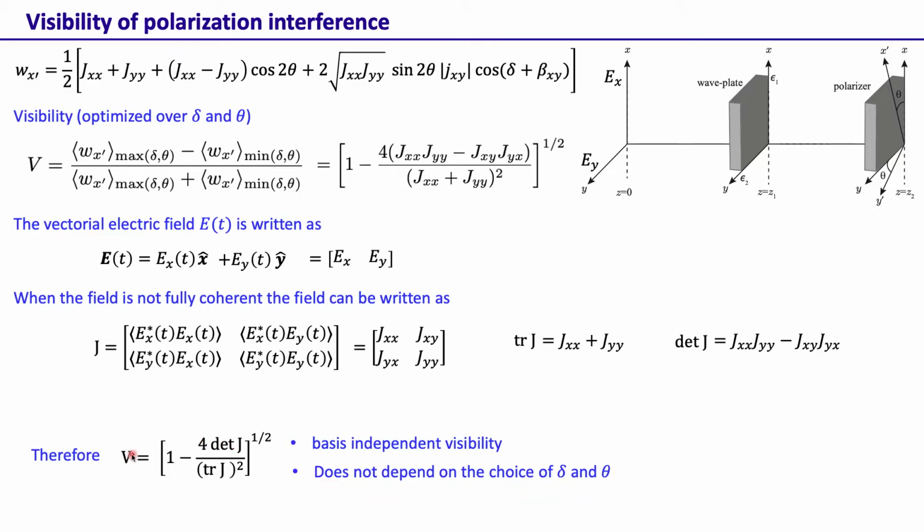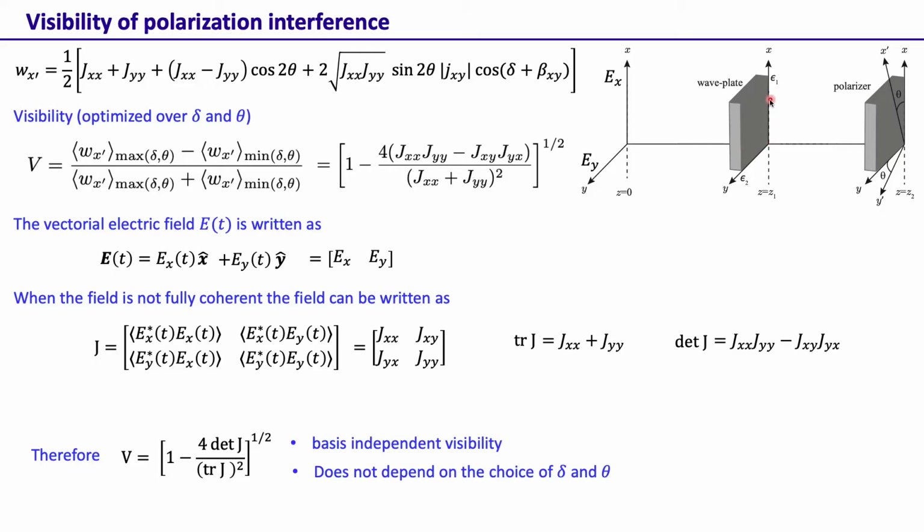So this visibility is just dependent on the determinant of J and the trace of J, and we know the determinant of a matrix and trace of a matrix are basis independent quantities. No matter which way we rotate, it is the same. So this is something very intrinsic to the incoming field itself.